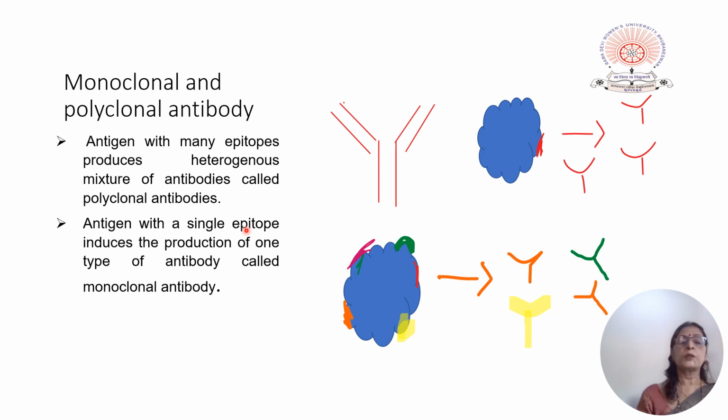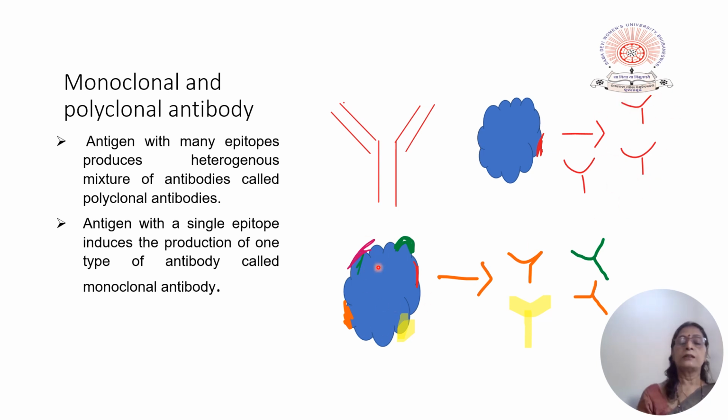Now the difference between a monoclonal and a polyclonal antibody. This is a general picture of a Y-shaped antibody molecule, and this shows an antigen molecule with a single epitope. When it interacts with the immune cells, a single epitope results in the secretion of only one type of antibody by the plasma cells.